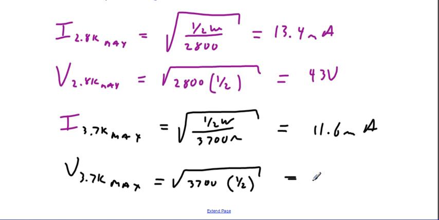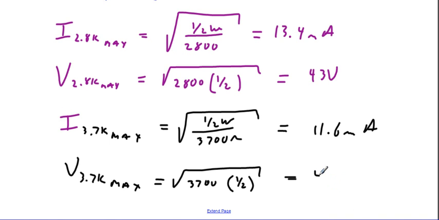What would that be? 3,700 times 0.5, square root, 43 volts.